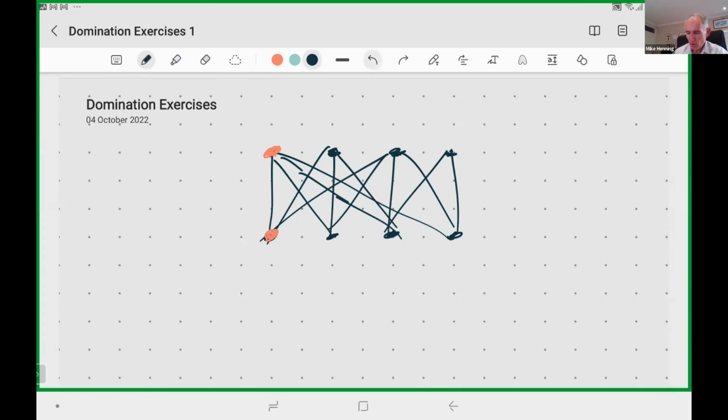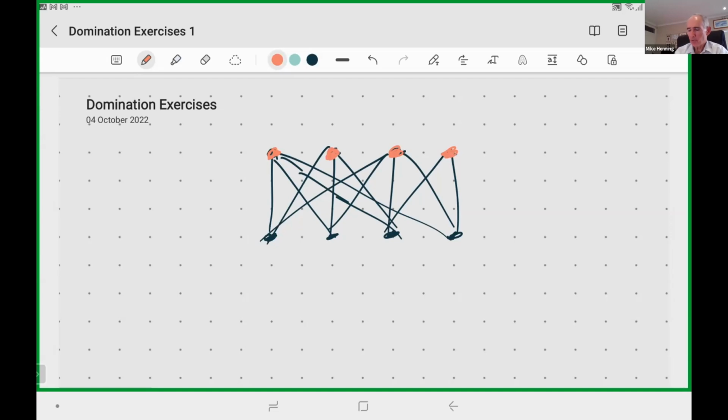What if I'd picked this set? Now that's also a minimal dominating set because everything's dominated, but it's minimal because every vertex is its own internal private neighbor.